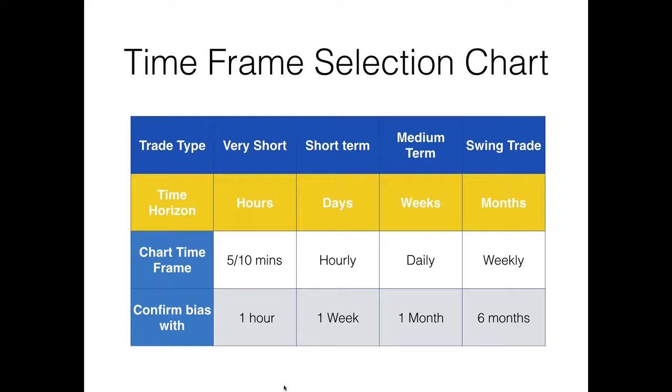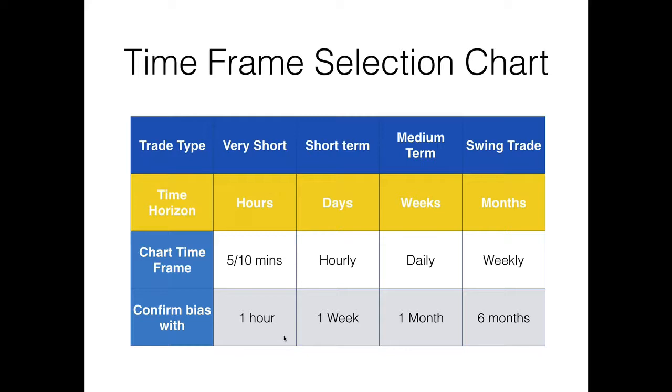For a short-term time horizon, for example, you want to hold the security for a few days, you have to confirm your bias. If you see that it's bullish on the daily chart, you confirm your bias with the weekly chart, and then you enter and exit using the hourly chart.